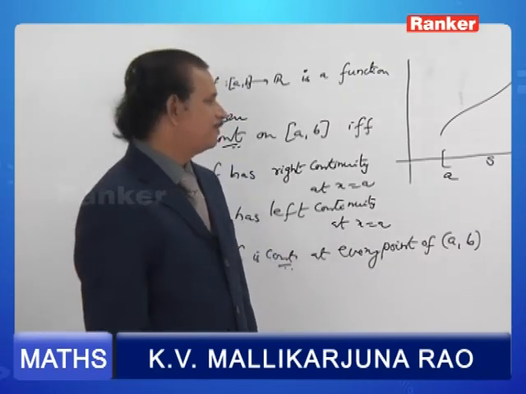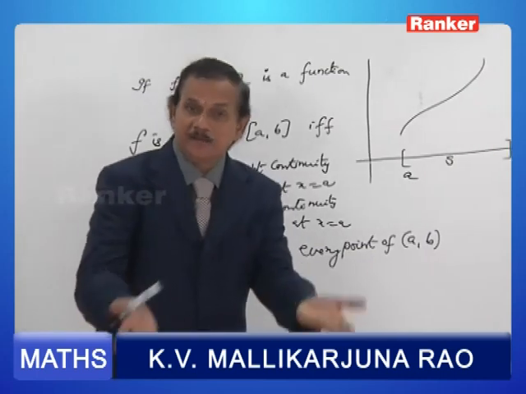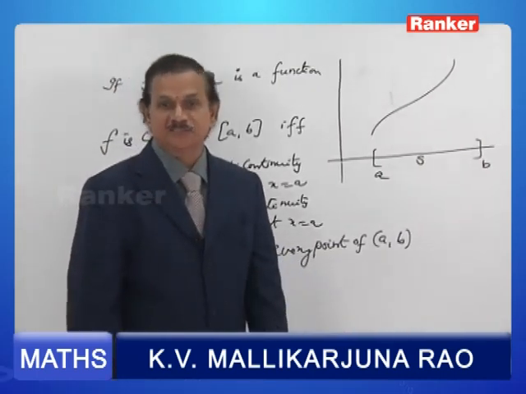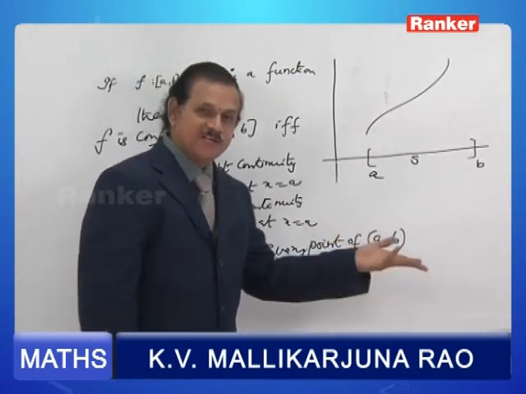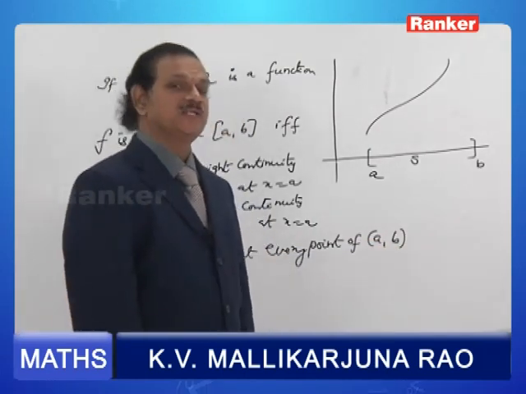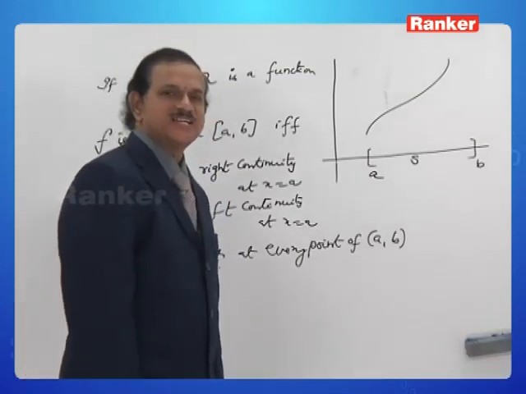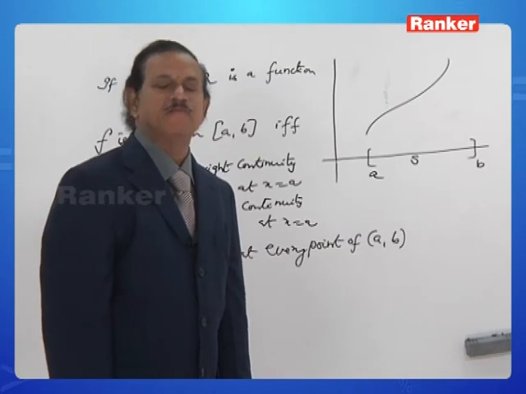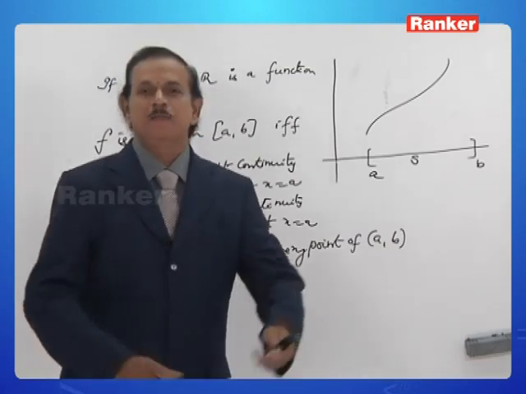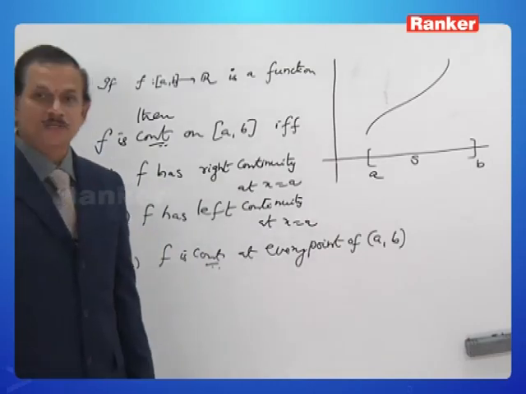It need not be continuous from left. It cannot be. Why? Because the region to the left of a is not involved in the domain. Similarly, at b there is an exemption. It is just enough if it is continuous from right at x equal to b.